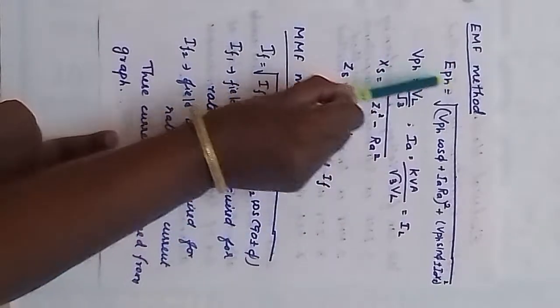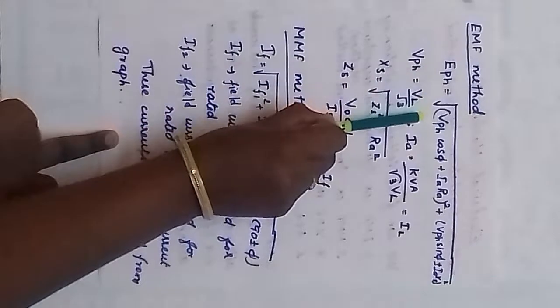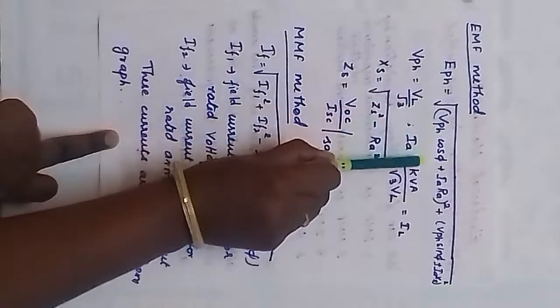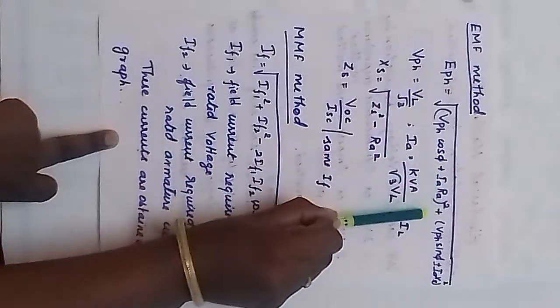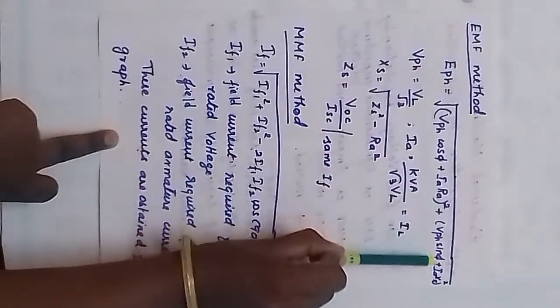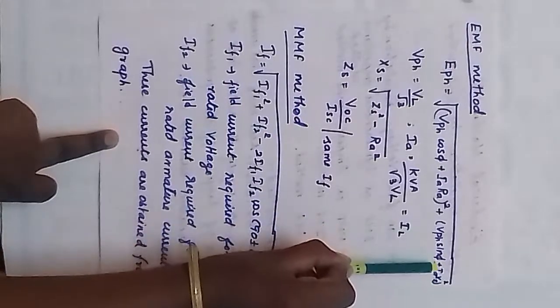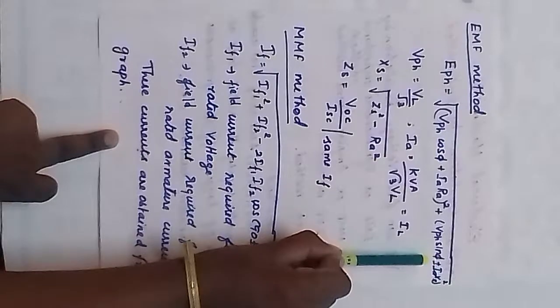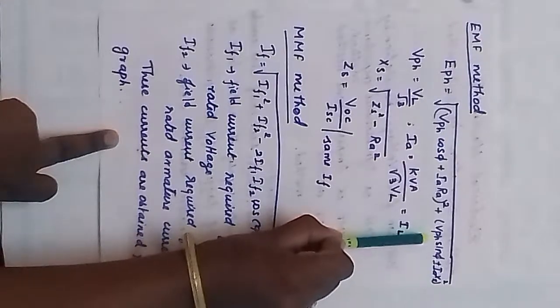In the EMF method, the induced EMF per phase is equal to the square root of (V phase cos phi plus IA RA) the whole square plus (V phase sin phi plus or minus IA Xs) the whole square. This plus or minus sign changes depending on the power factor value.